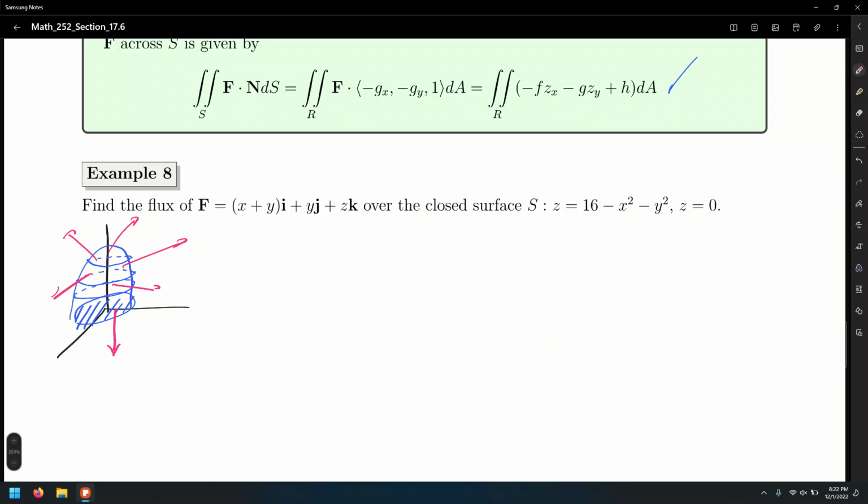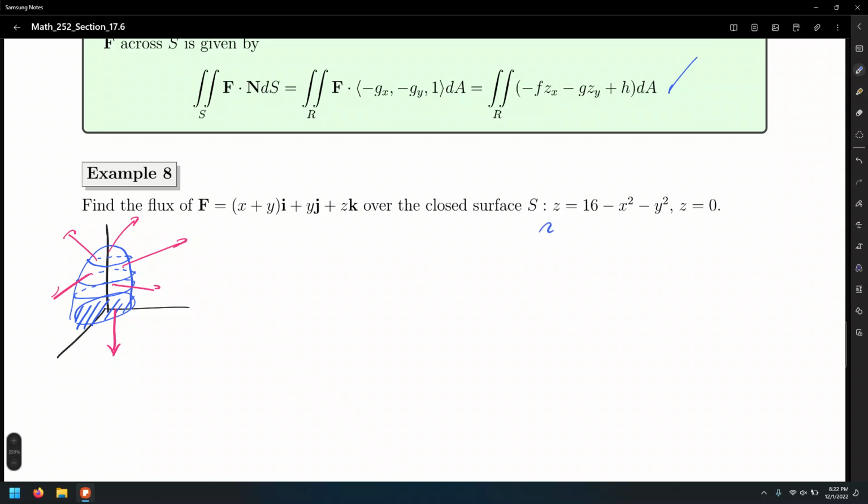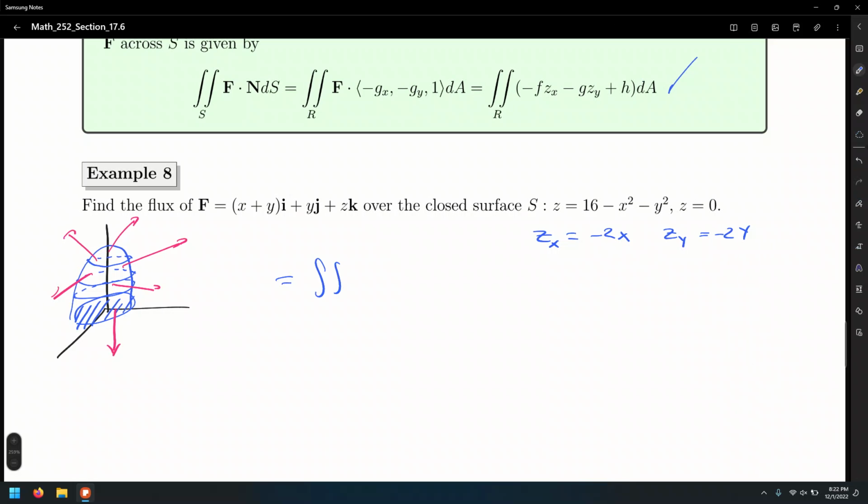All right. So we have a function z, for which we can already take the partials. So z sub x equals negative 2x, and z sub y equals negative 2y. Let's set up the flux integral. In this case, the double integral of F dotted with N dS, and again, without even calculating those normal vectors, notice the implication.